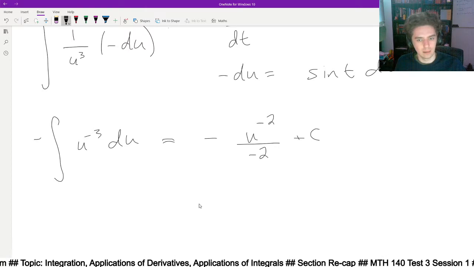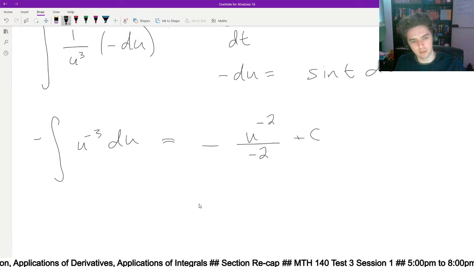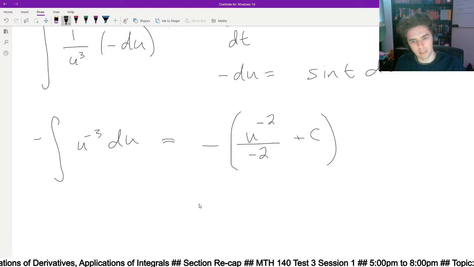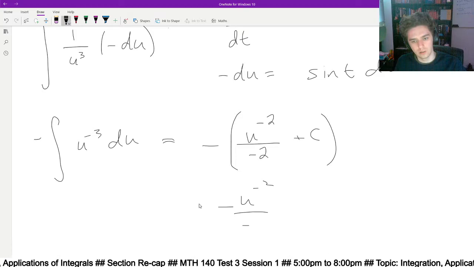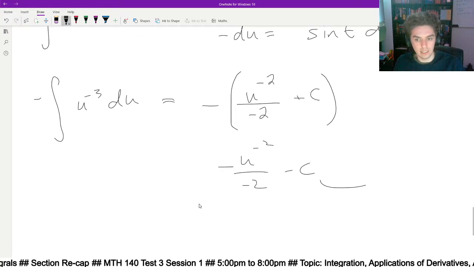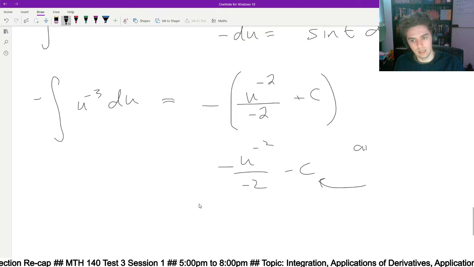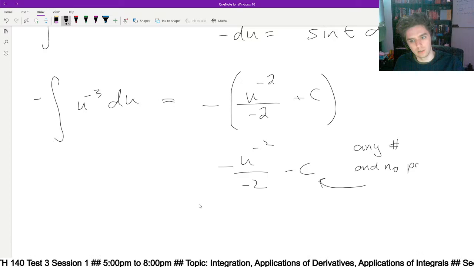I guess technically, if someone might be seeing this and saying, well, wasn't there brackets around here? So shouldn't this be negative u to the power of negative 2 over negative 2 minus c? Sure. This c is any number and no particular number.